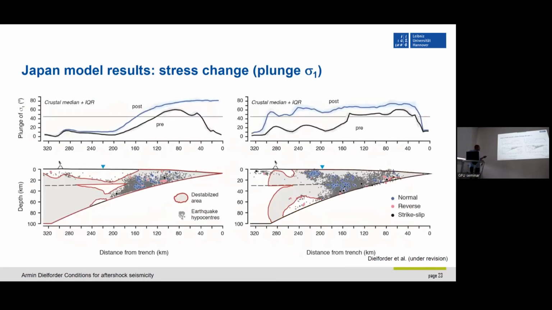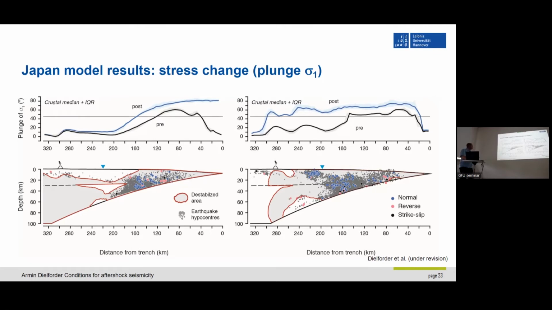We can also look at the stress change in terms of orientation of sigma 1 and compare to the focal mechanisms. So the blue dots here indicate the normal faulting that we observe in the upper plate. In black is the pre-seismic orientation of sigma 1.